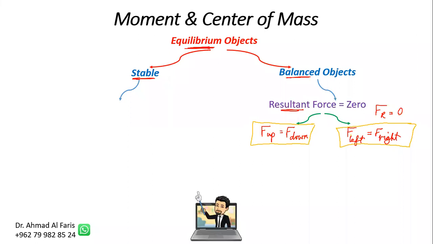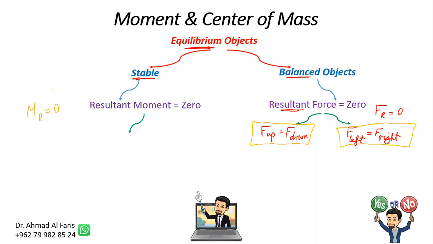The second situation that we are going to use to answer the question is stable. That means the resultant moment equals 0. What do I mean by resultant moment equals 0? That means the total moment on this object is equal to 0 about its pivot. So the total clockwise moment, CW means clockwise, equals the total anti-clockwise moment.